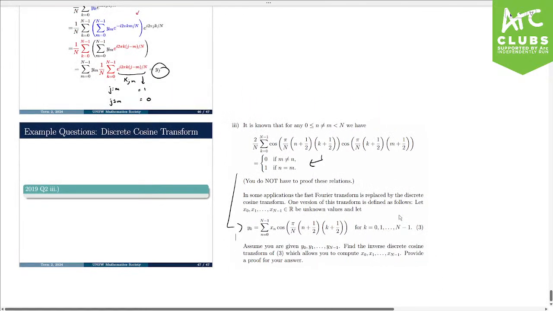And our job is to produce that in here to find an expression for the inverse discrete cosine transform.